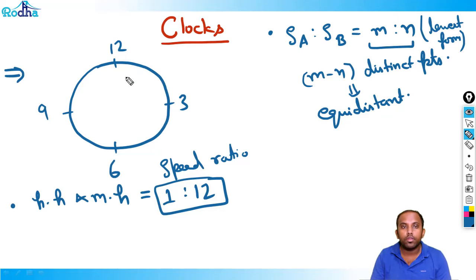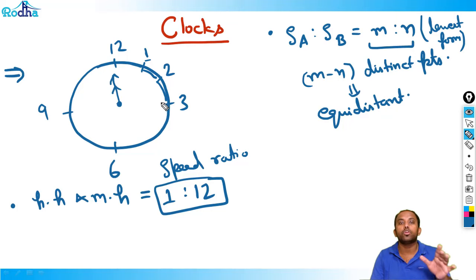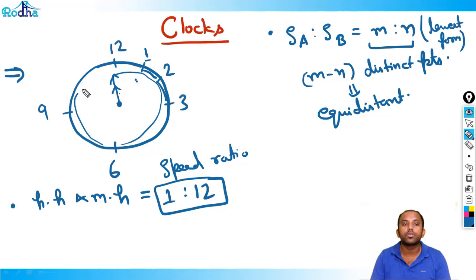Suppose the hour hand and minute hand are now exactly at 12. The clock is divided into 12 parts, 1, 2, 3, like this. When the hour hand covers one part of the clock, in that time the minute hand covers 12 parts of the clock. So when the hour hand moves one part, the minute hand moves 12 parts.